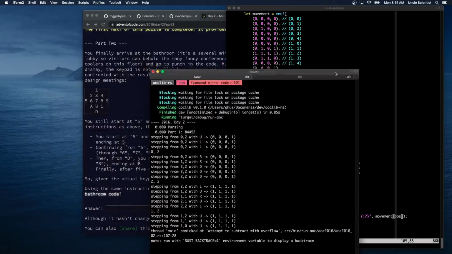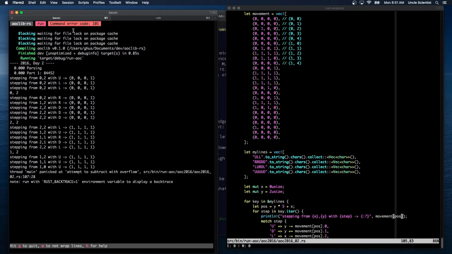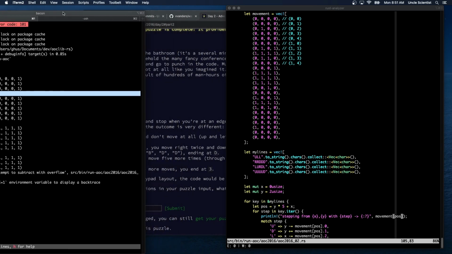Is that our starting position, 0, 2? Yeah, 0, 2 with up. And this is up, 0. So it still did that. And then left is still that. And right is still that. And it results in 0, 2, which is 5, which I think is the correct first digit.